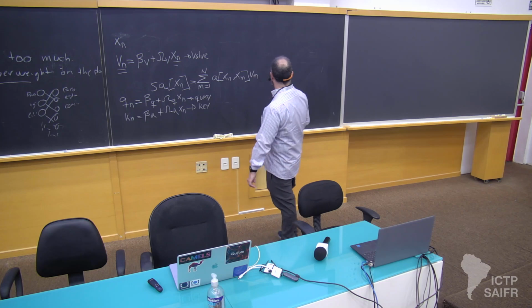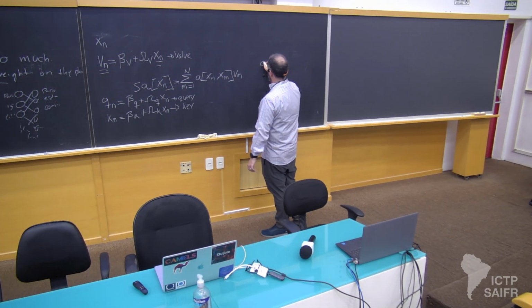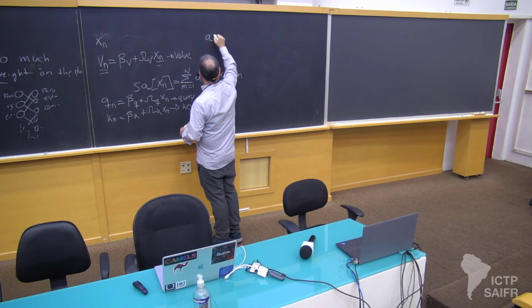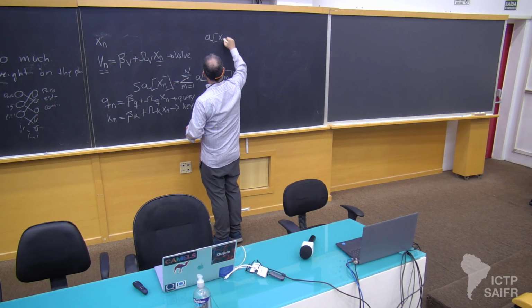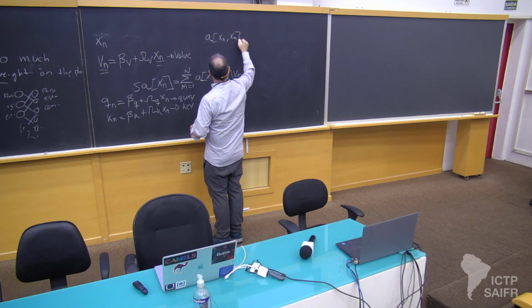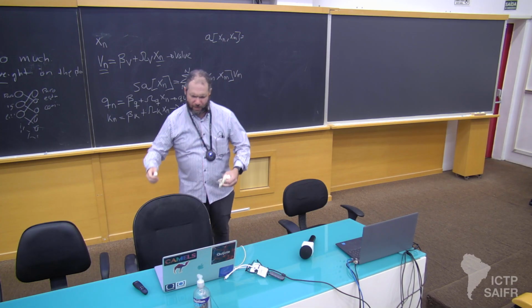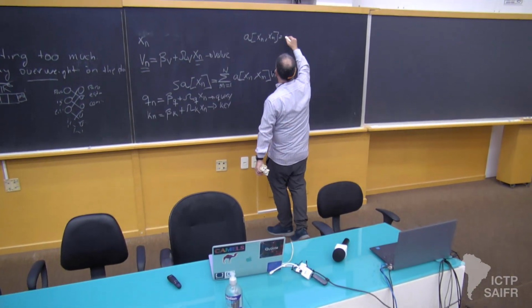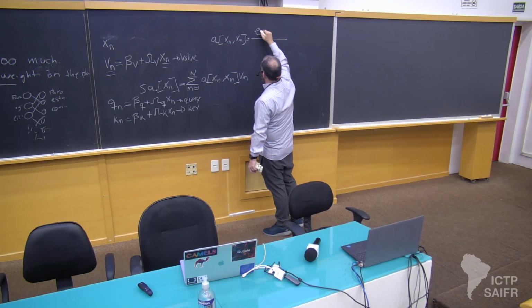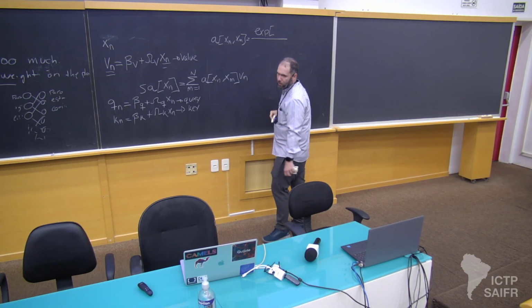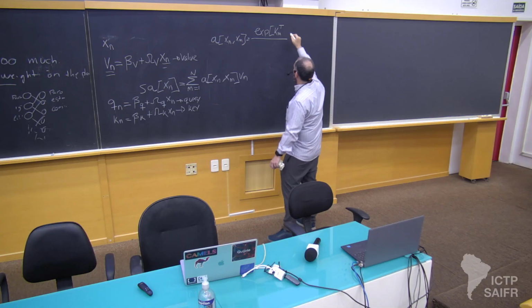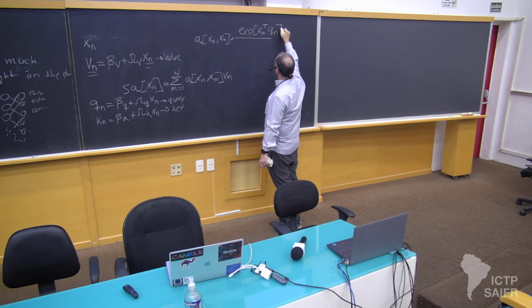And now let me define the attention. So let me maybe write here. So A of xn, xm. Let me see, because the expression is a bit. So this is basically defined as the exponential of qm transpose qn, okay?